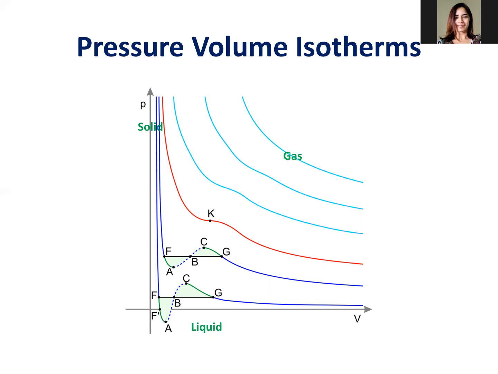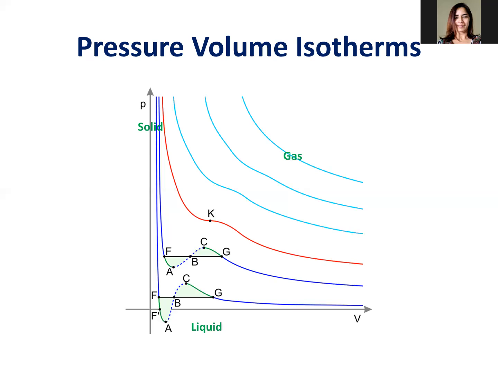The gas starts getting compressed, approaches G, liquefaction starts, and continues till point F. And at F, the solidification starts, and the pressure becomes constant. Pressure increases while the volume becomes constant, and from F to higher values of P.